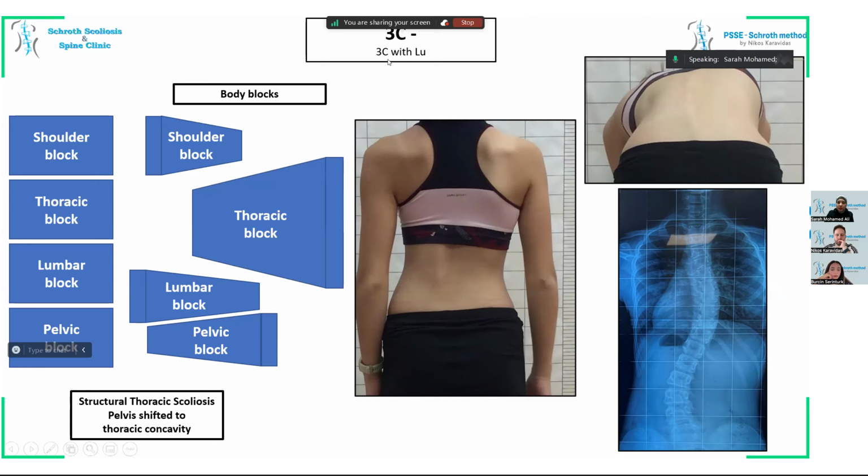Okay? So in 3C plus, definitely we don't have a significant lumbar curve. That's why we give it the minus sign, because we cannot do an overcorrection to my main curve, which is the thoracic curve. Okay?